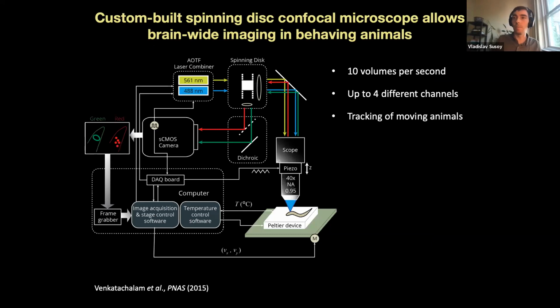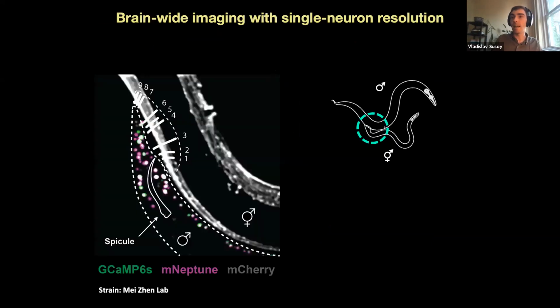We could do this with a newly developed tracking microscope system, where we can track moving animals while recording activity of their brains. And on the next slide, I'm going to show you a movie. But before that, just to orient everybody, here we have a hermaphrodite worm.